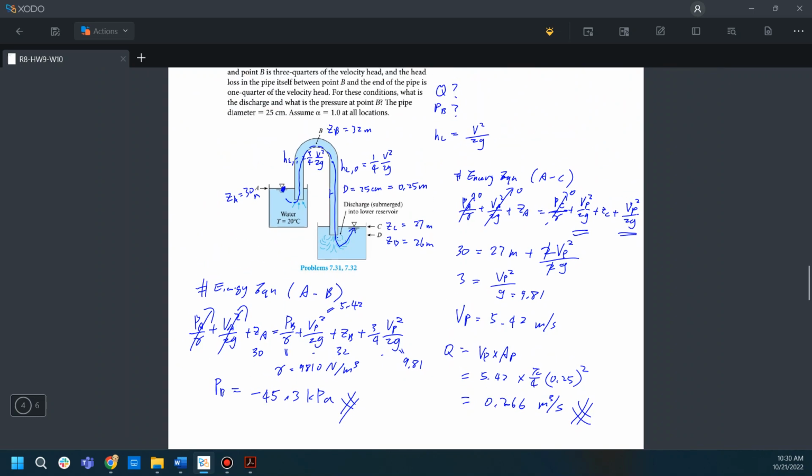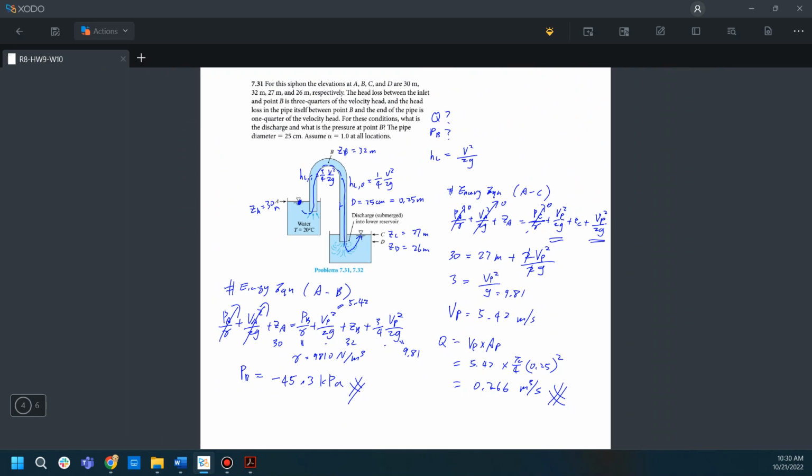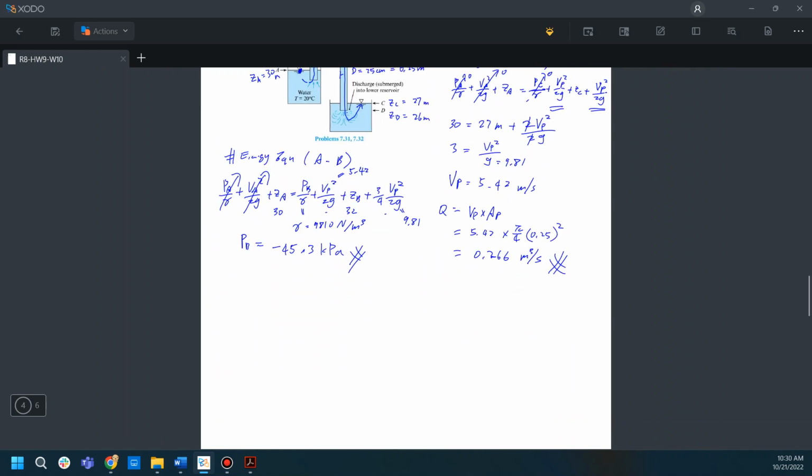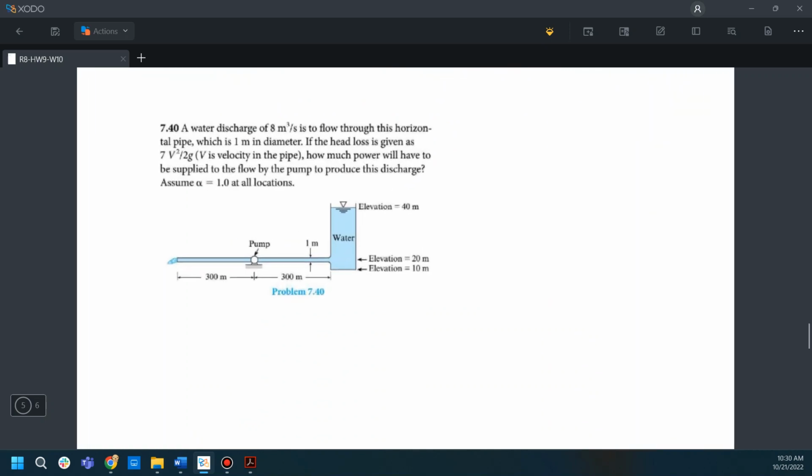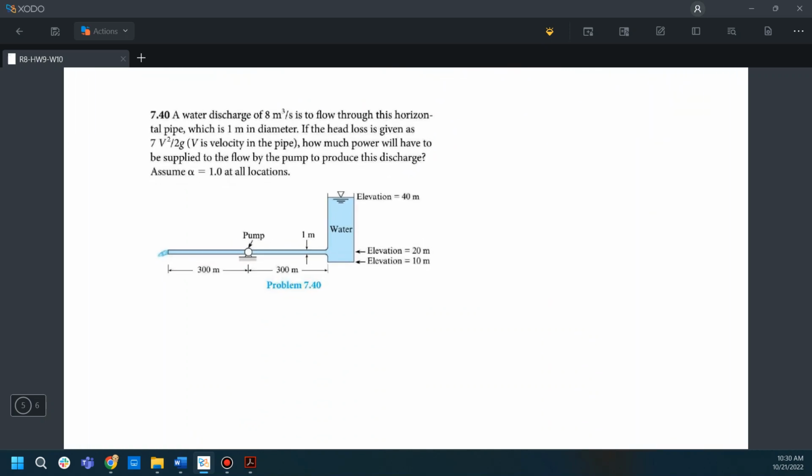Okay, so applying the energy equation twice for different point combinations, you can solve this problem. Now let's move on to the next one. In problem 7.40, a water discharge of 8 cubic meters per second flows through this horizontal pipe, which is 1 meter in diameter.